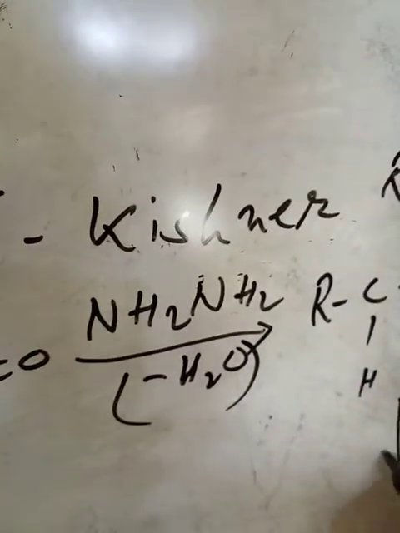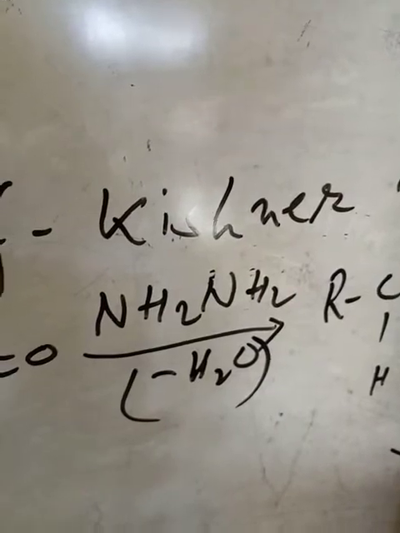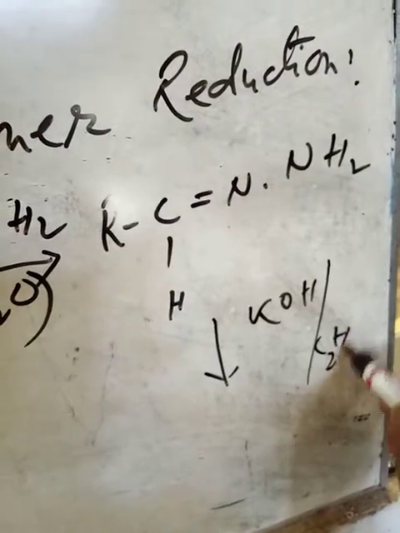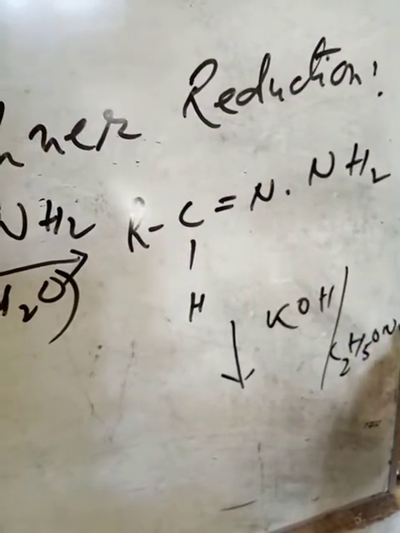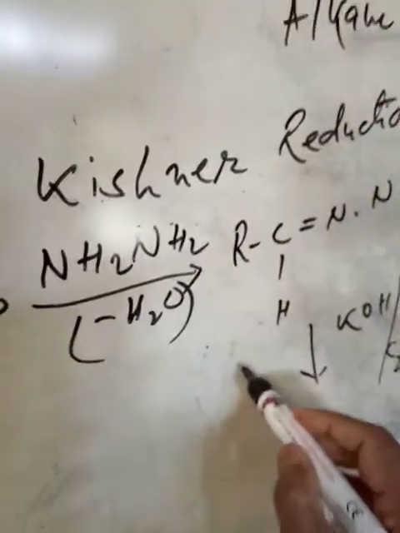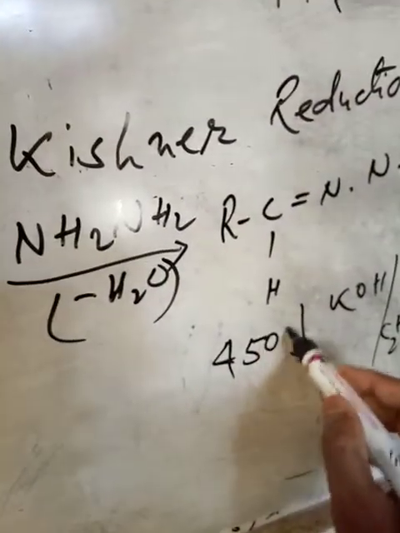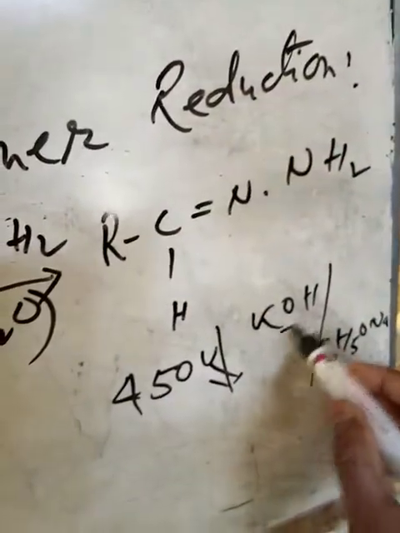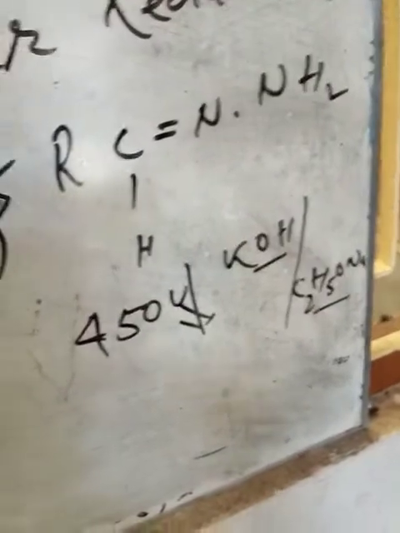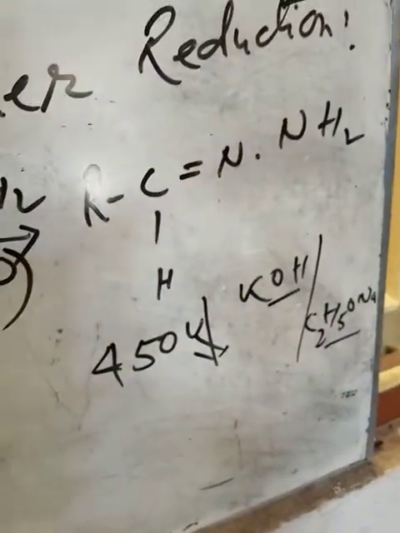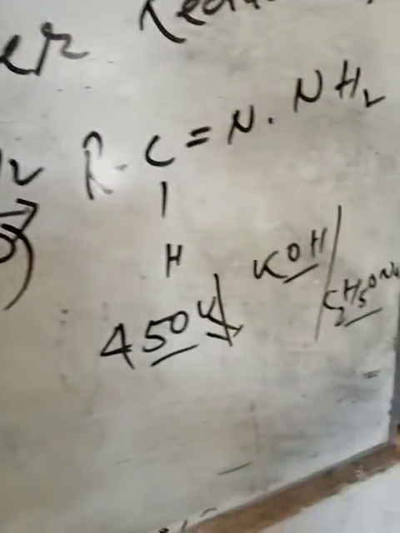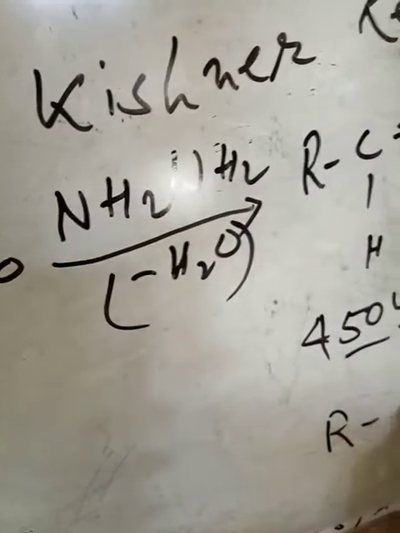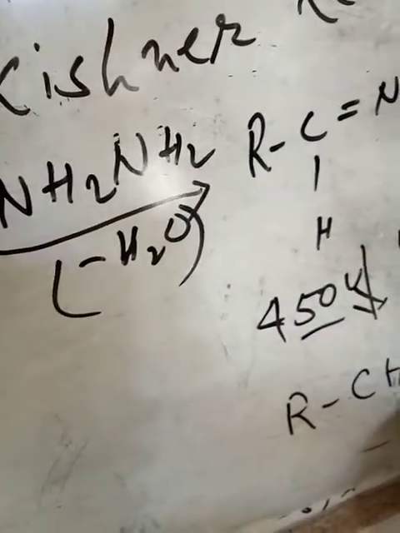And this hydrazone, when heated with potassium hydroxide or sodium ethoxide, C2H5ONa, in glycol medium at about 450 Kelvin, then you will get RCH3, alkane.